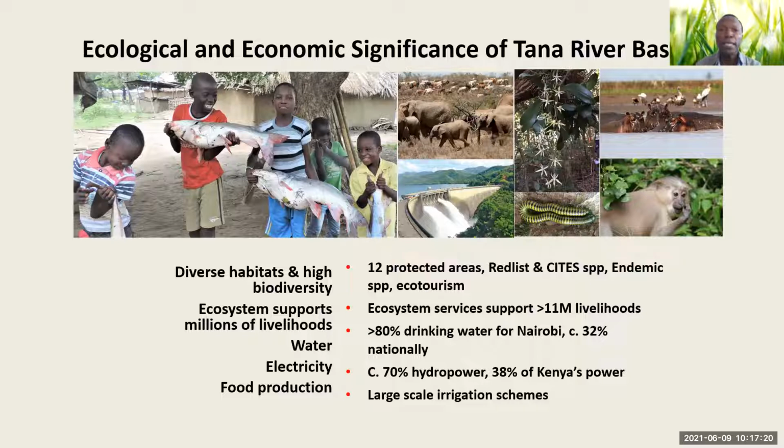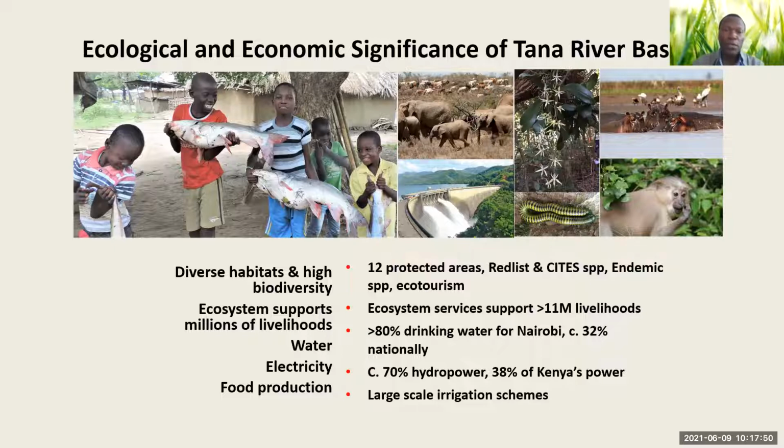There are also many projects developed under the National Vision 2030 projects, which some of them are really grand, and they really will need the support from this basin, either in terms of water, in terms of many other resources.